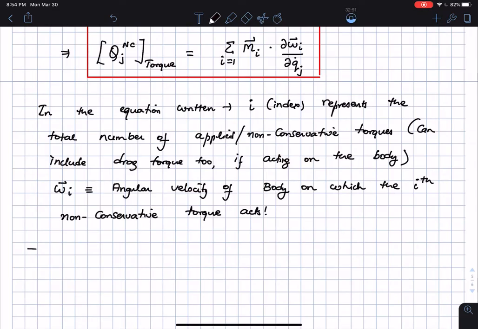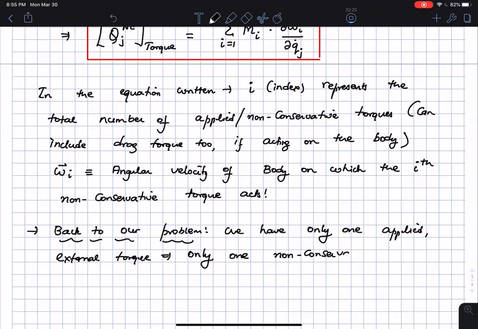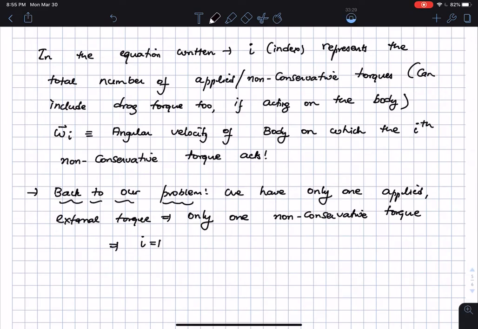So for our problem, we have only one externally applied torque, which means only one non-conservative torque, which means that I is equal to 1 for us.